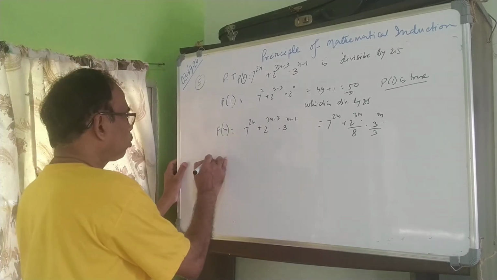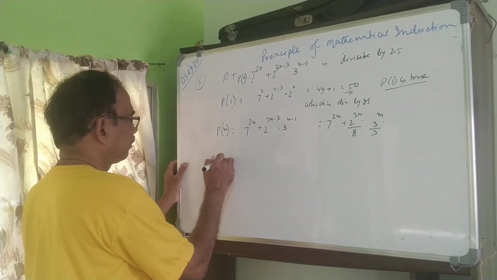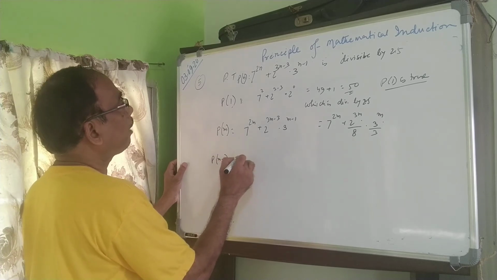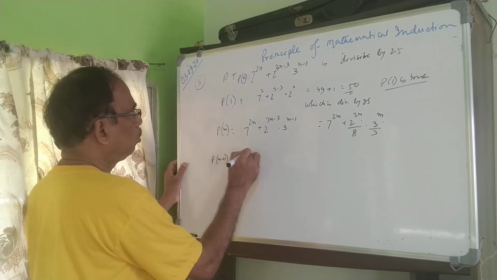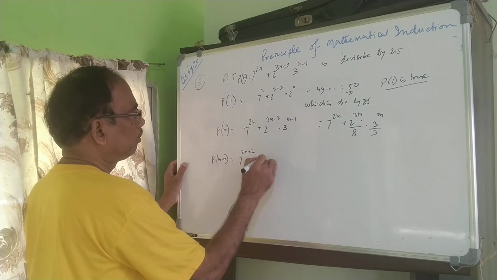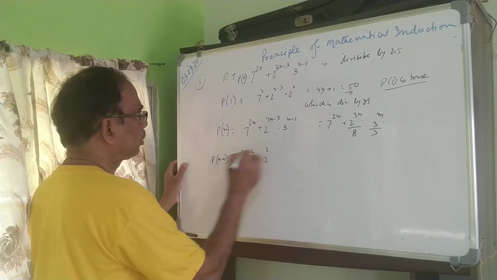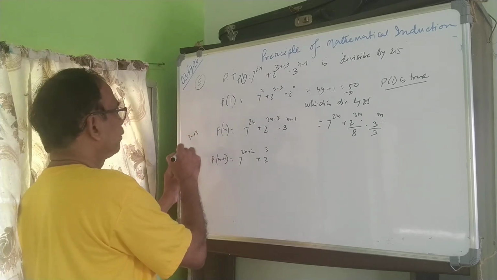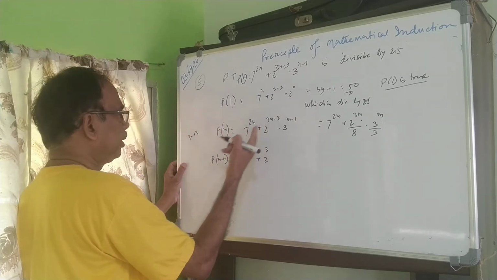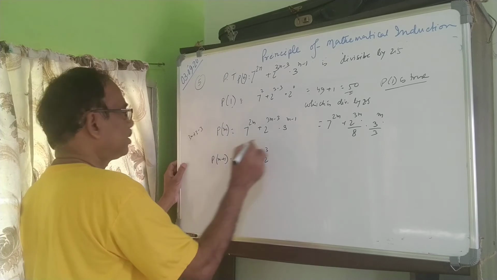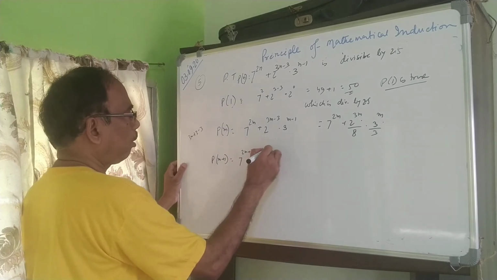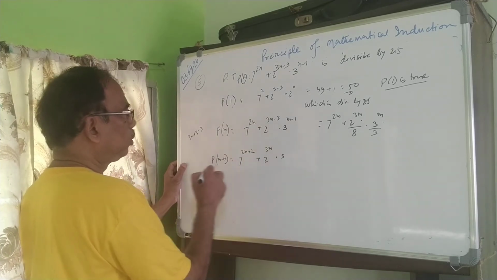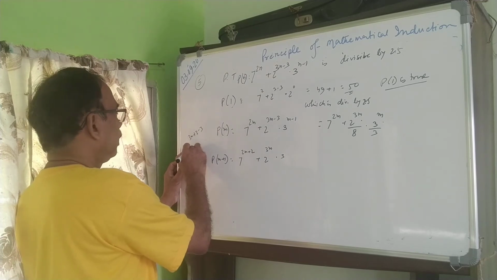Then P(m+1): 7^(2m+2) + 2^(3m+3-3), that is 2^(3m), into 3^m.